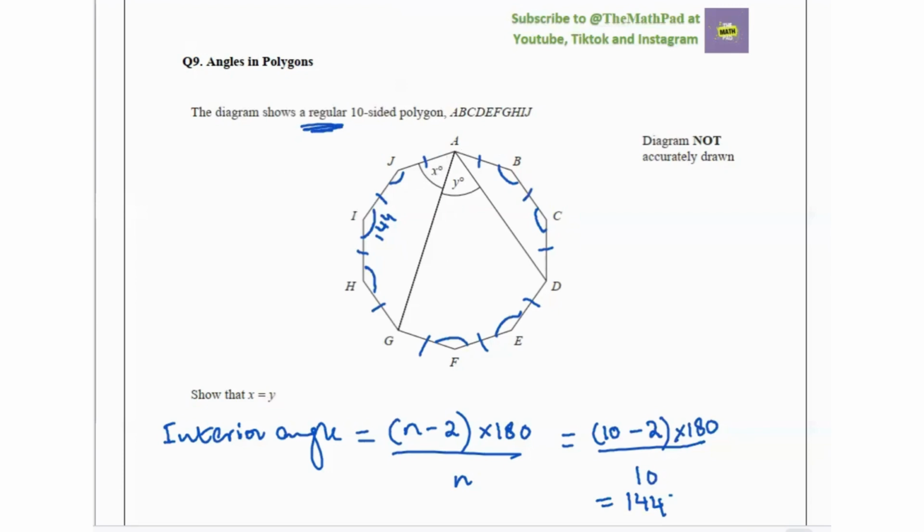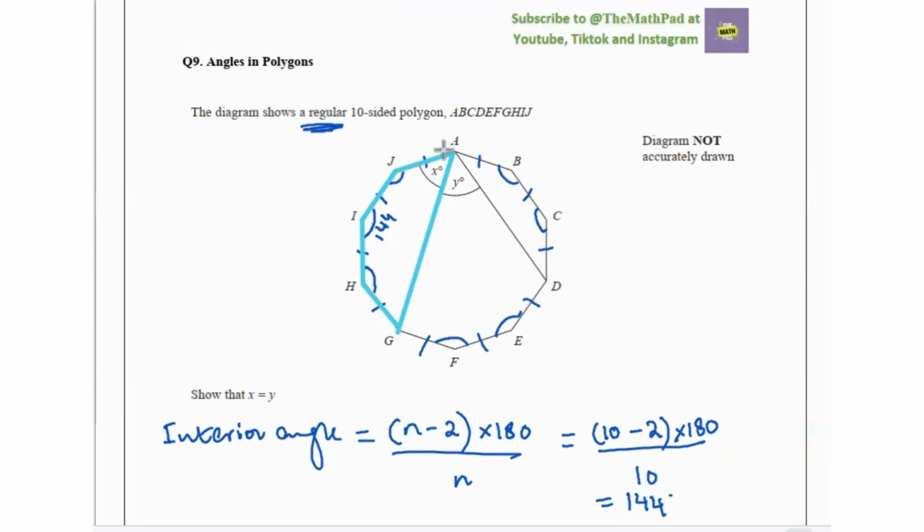So now if you look at this, let me just highlight these shapes over here. We have this shape where 3 angles are given and 2 angles are unknown.